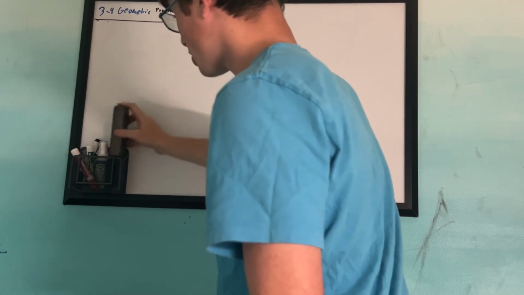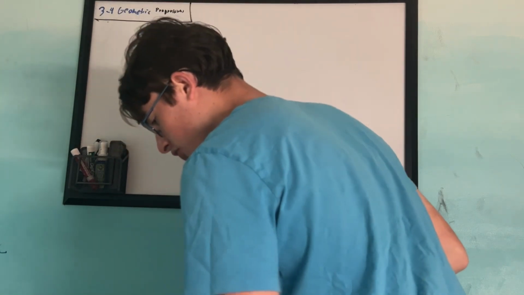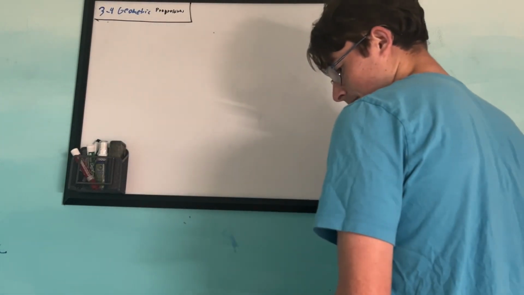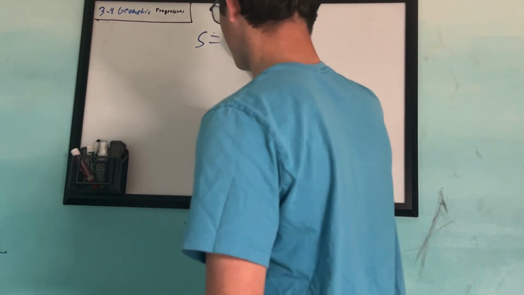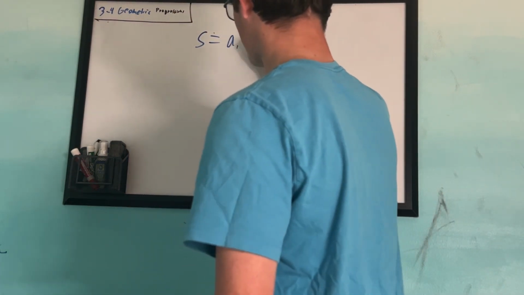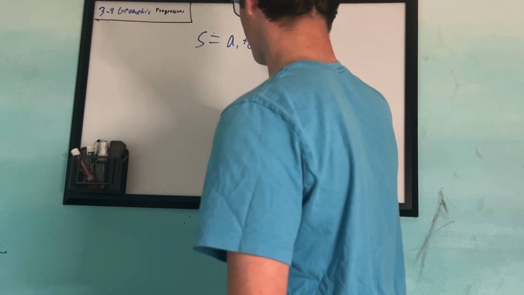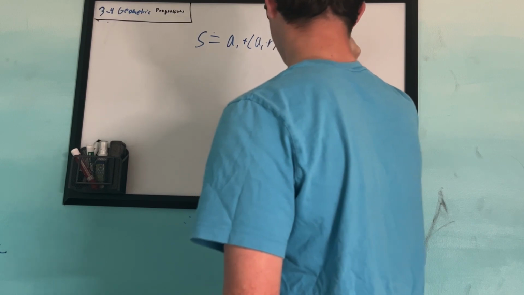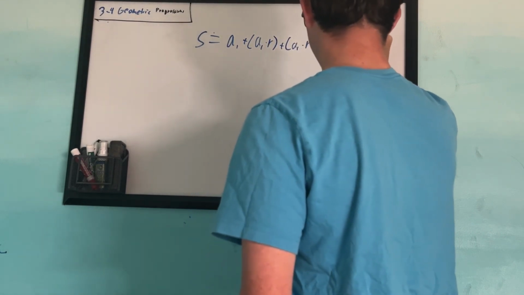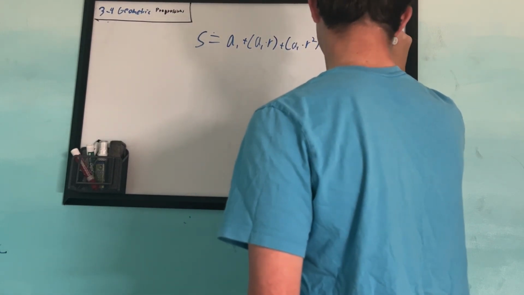And last, let's show how to find the sum of a geometric series. We'll start this off very similar to how we find the sum of an arithmetic series: S equals A1 plus A1 times R plus A1 times R squared, all the way to A1 times R to the n minus 1.